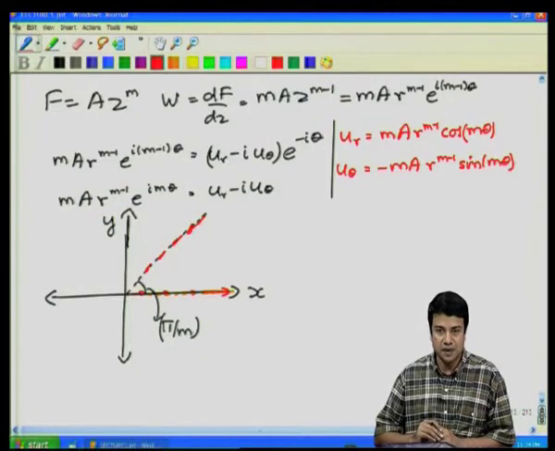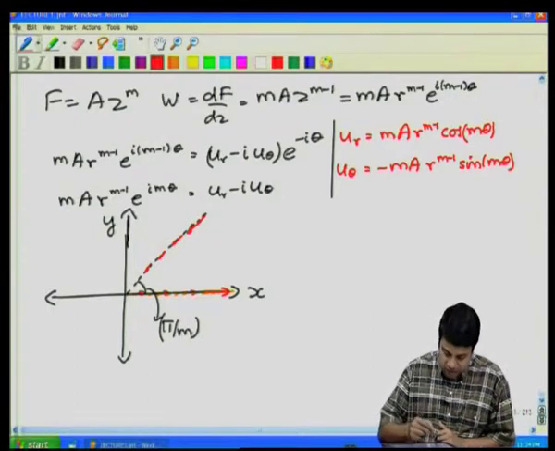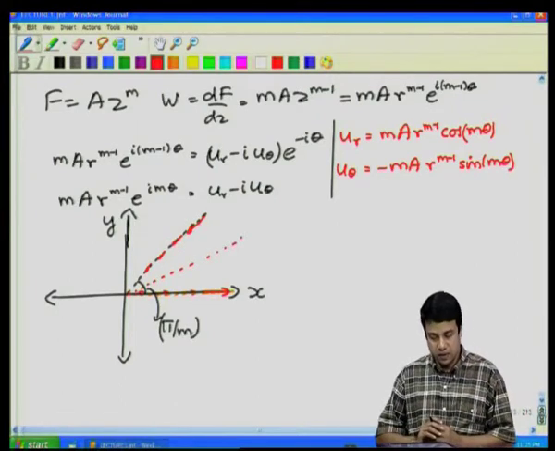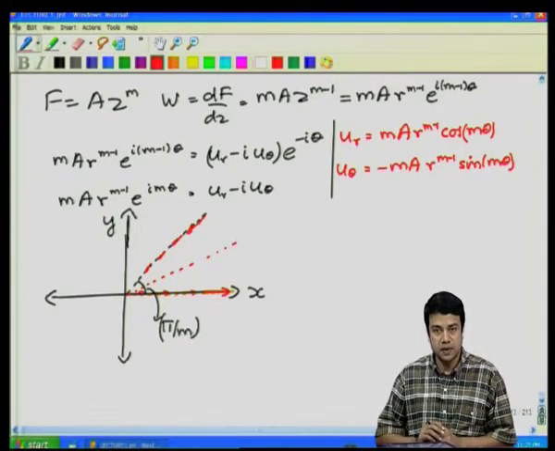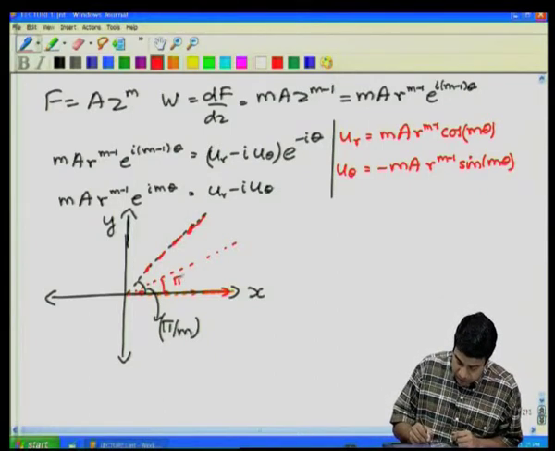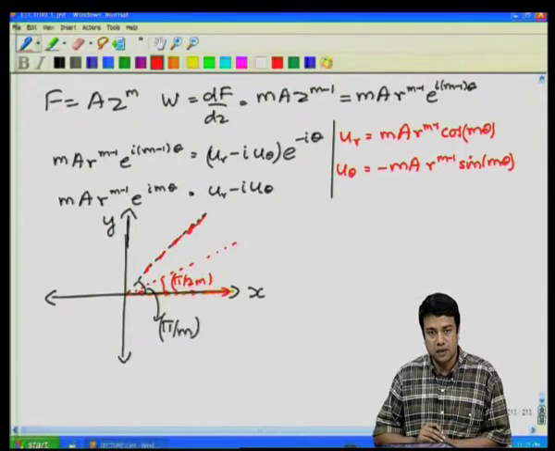You would expect that halfway in between these two, the velocity is actually in the theta direction. So, when the angle is pi by 2m, m theta is equal to pi by 2, and therefore, for the velocity u r, cos of pi by 2 is 0.